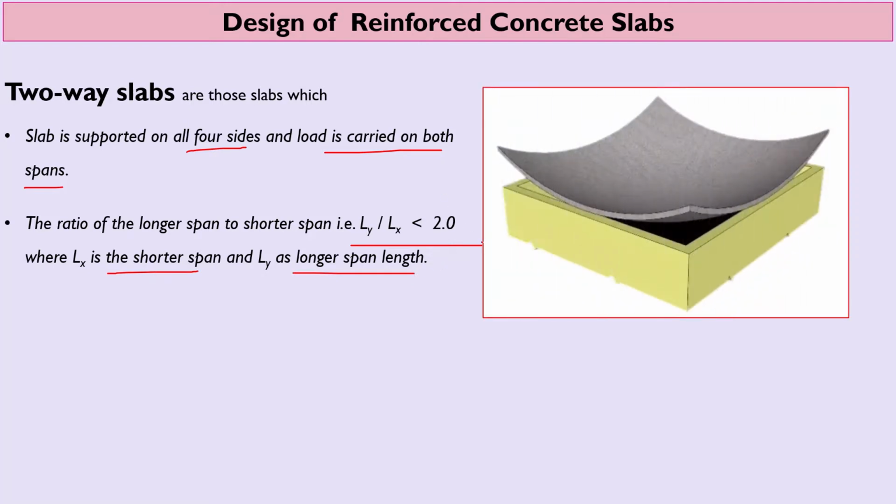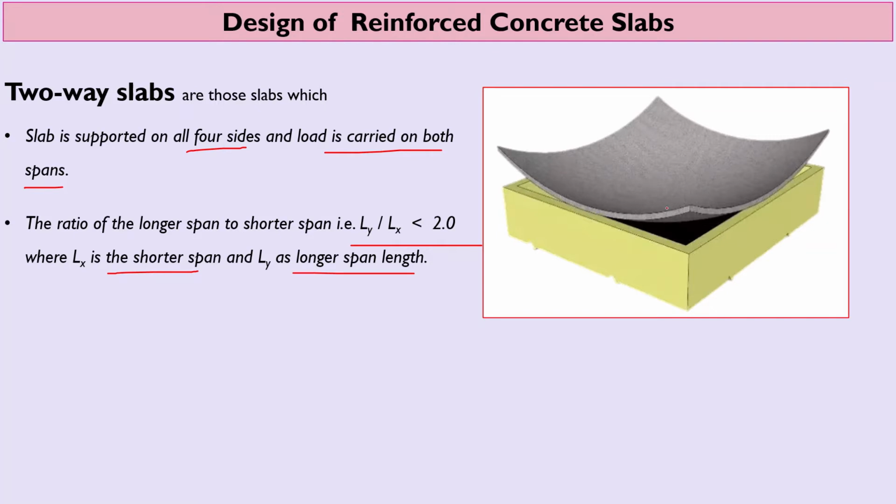Now, in this diagram you can see the spans are almost equal in length. So their ratio of one span to another, that is Ly upon Lx, may be less than 2.